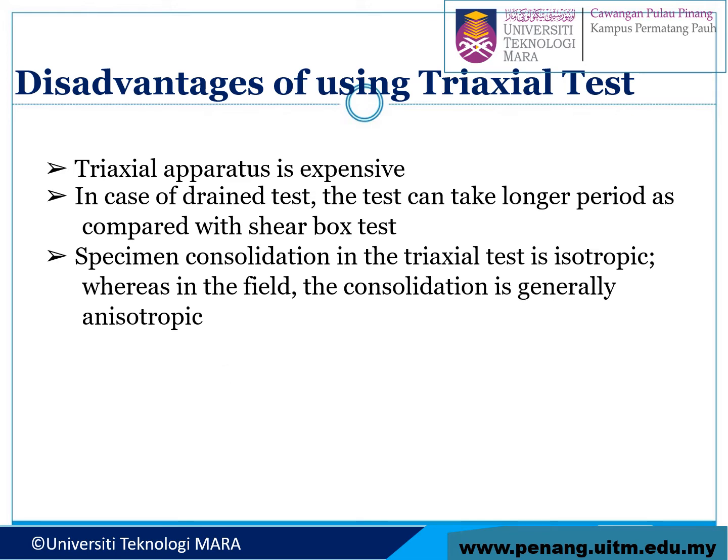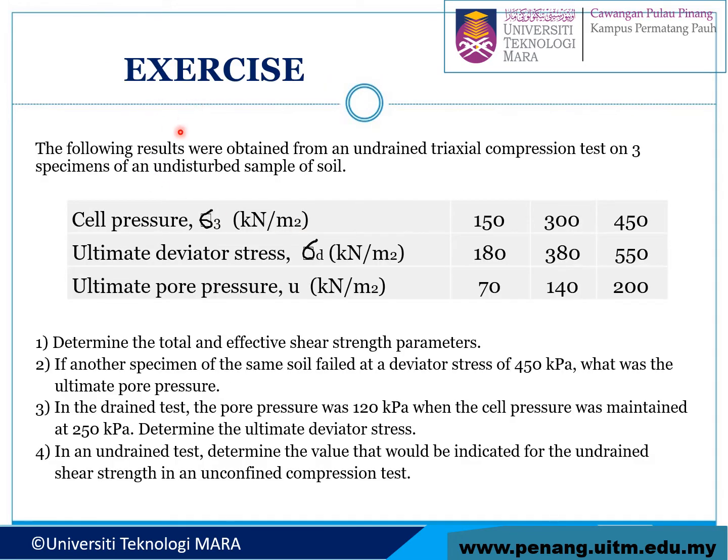Okay, refer to the exercise. The following results were obtained from the undrained triaxial compression test on 3 specimens of undisturbed soil sample. First is the cell pressure: 150, 300 and 450. This one we decide; maybe 100, 200, 300, but for this question we set 150, 300 and 450.